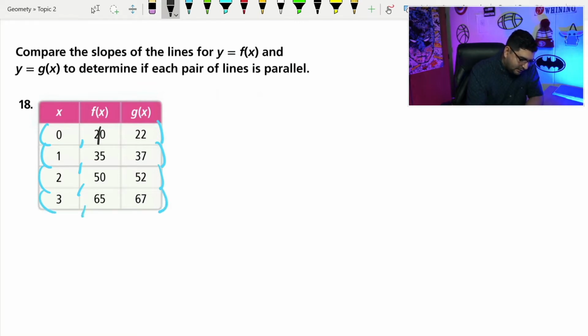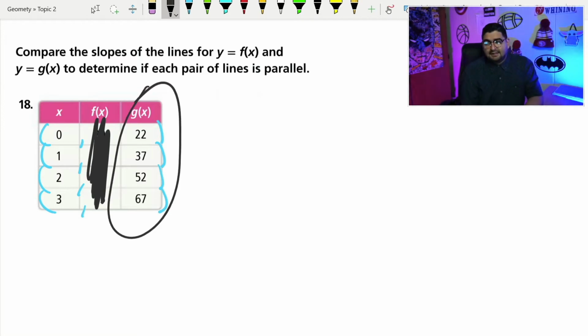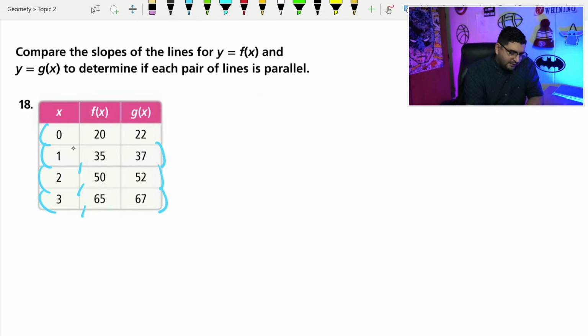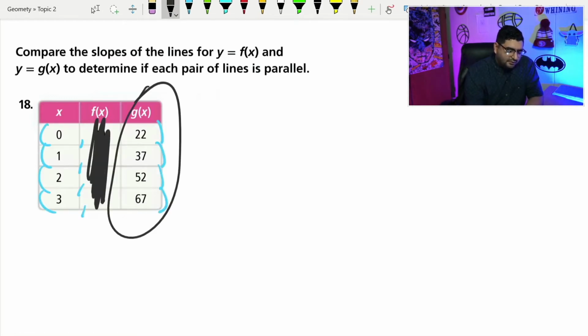We ignore these middle numbers because those are the y values to my first line, and these would be the y values to my second line. So really what we have to do here is pick 2 points from each line in order to plug into our slope formula.